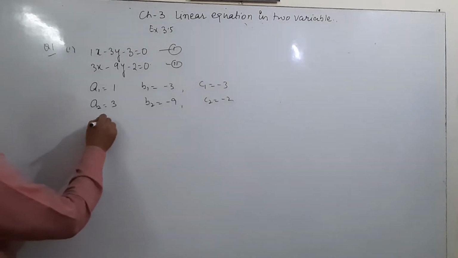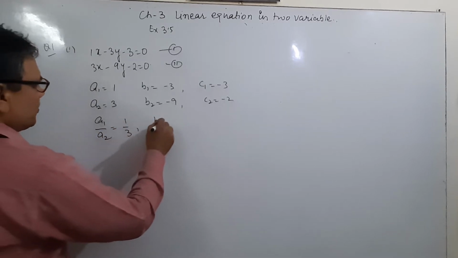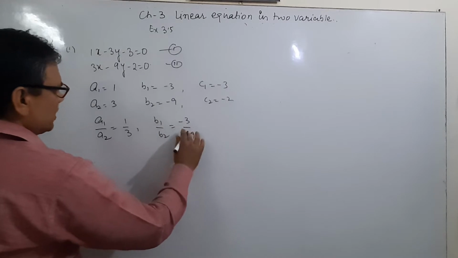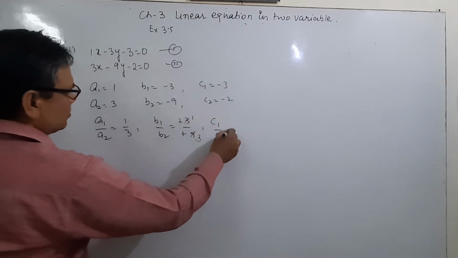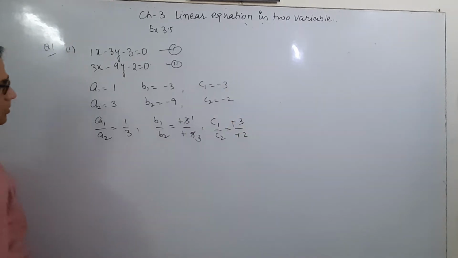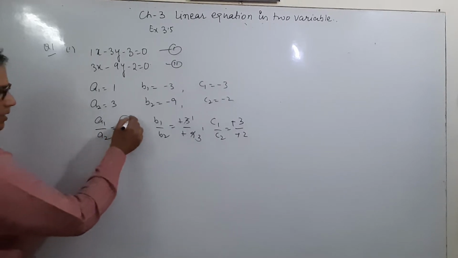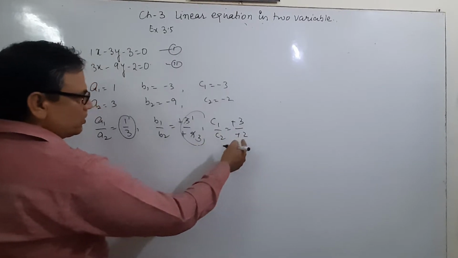Ratio of which one? A1 upon A2 is equal to 1 upon 3. B1 upon B2 equal to minus 3 upon minus 9, that is 1 upon 3. C1 upon C2 is equal to minus 3 upon minus 2, that is 3 upon 2. This 1 by 3 and this 1 by 3 are same. And this 1 by 3 is not equal to 3 by 2.